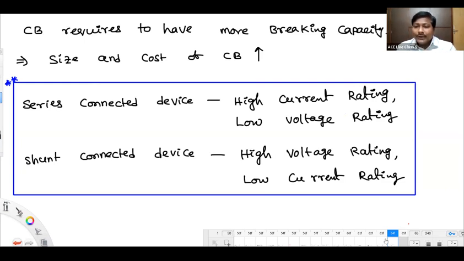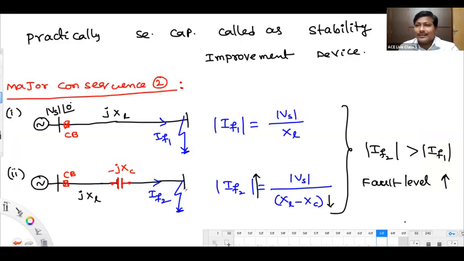But during a short circuit fault, what is the magnitude of voltage appearing across the series capacitor? VC is IF2 magnitude into XC. So the voltage across the series capacitor becomes very, very large because the fault current itself is very high.